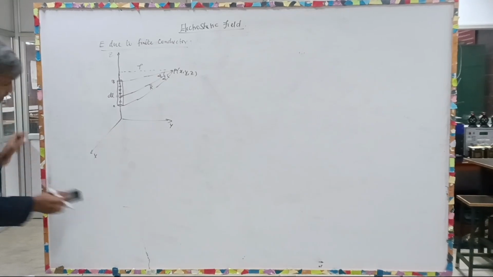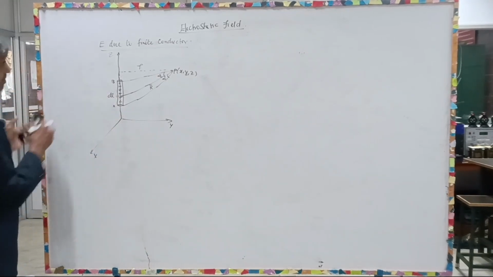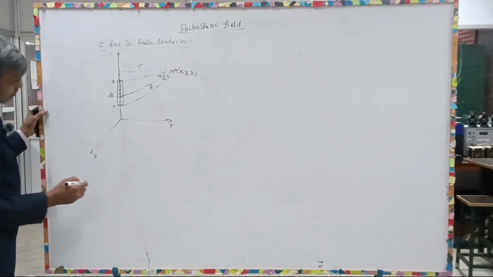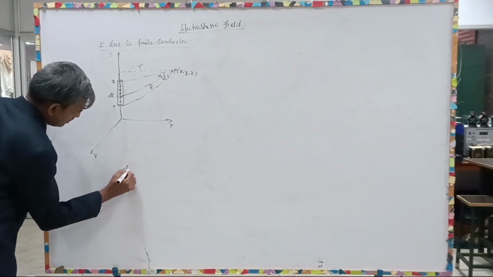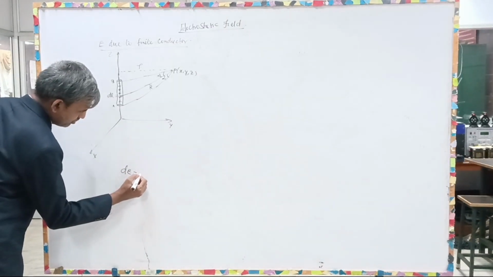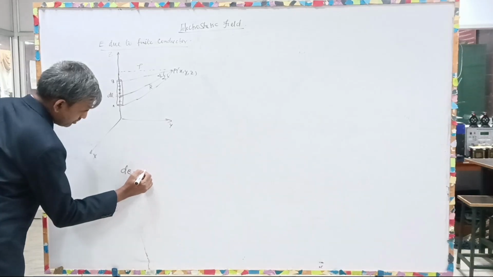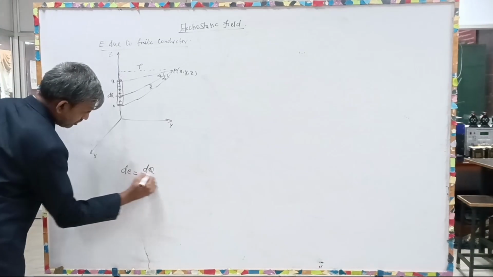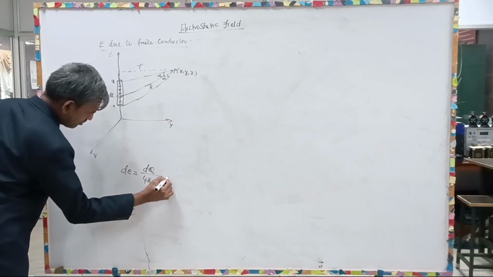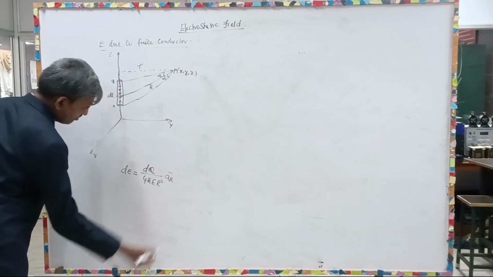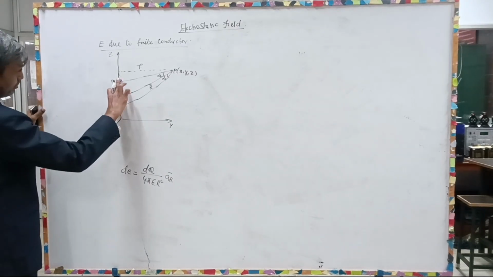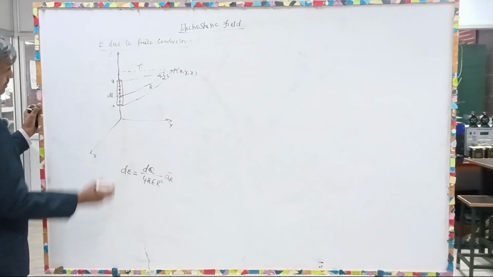Now we are going to find the electric field intensity for this finite conductor. So we know dE is equal to dQ divided by 4 pi epsilon r square along the unit vector AR. Now we are placing the conductor on the Z axis.